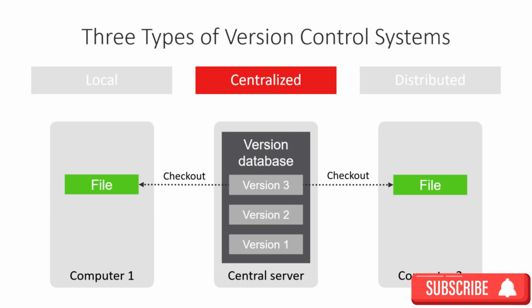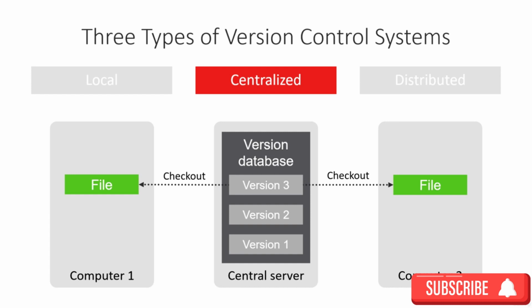But as you can see, on your computer, you have only a specific version. To look, for example, at the history of your source code, or to save changes to your source code, you need a connection to the server. This means without the server, you cannot use the features of the version database.